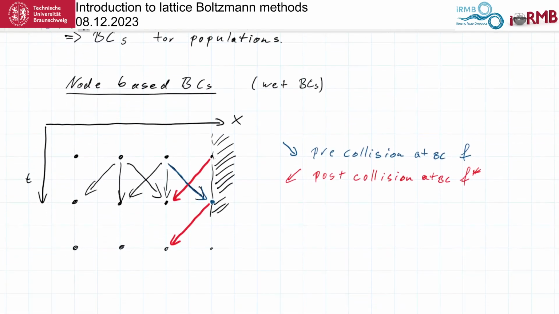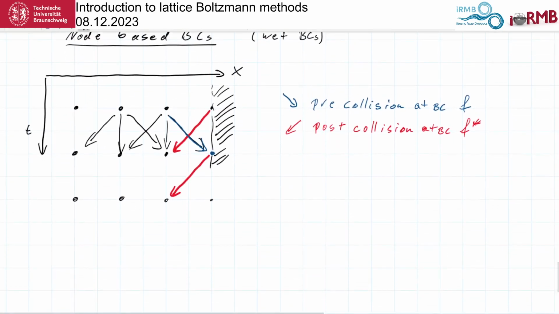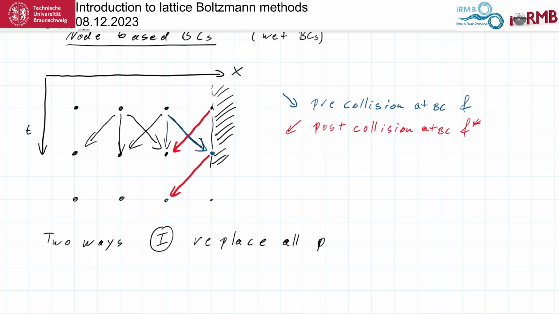Okay, even these wet or node-based boundary conditions can be implemented in two different ways. First is we can replace all the populations. So we just know what distribution we want to have on the boundary, and we just put it there as a Dirichlet boundary condition, right?